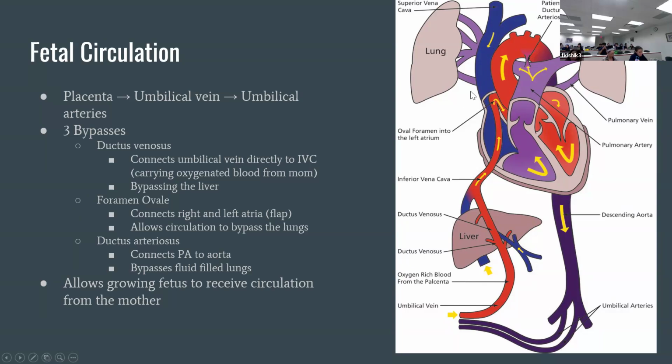So also to the right atrium. So from the right atrium, it goes out through the pulmonary artery into the communication with the aorta, to the descending aorta, to the umbilical arteries, and then back to the placenta, so the mom can reoxygenate it.